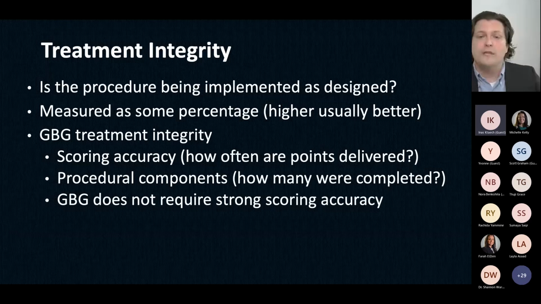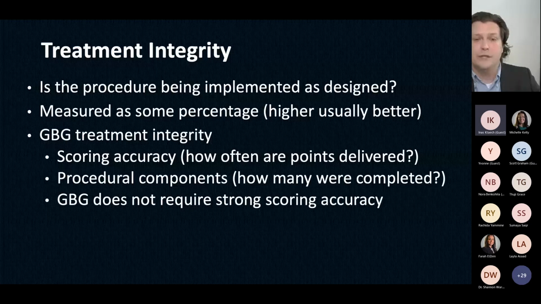While the teacher is delivering instruction or conducting the classroom as they would, they are monitoring the room and delivering points to students who break the rules. The scoring accuracy is a measure of how often they're delivering those points when they should be, according to the intervention.